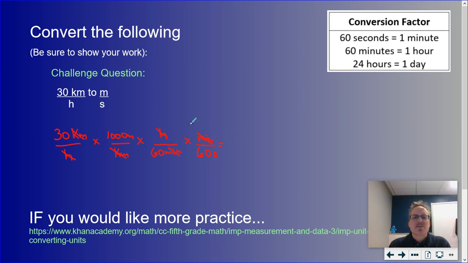So to type this in my calculator, 30 times 1,000, enter, divided by 60, because we're in the denominator, divided by 60 again, because we're in the denominator. And my answer is going to come out to be 8.3 repeating. And my unit on top is meters. And my unit on bottom is seconds.